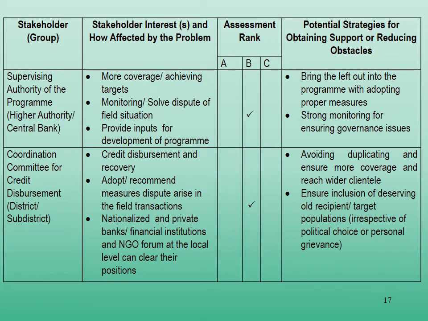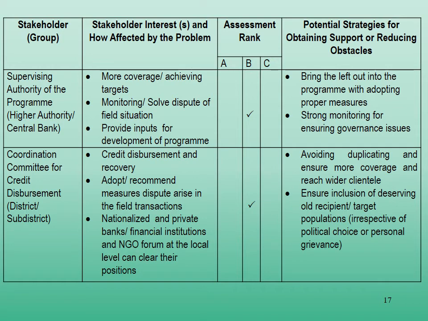So, ladies and gentlemen, the last one I put here: the coordination committee for credit disbursement, at district level, generally the deputy commissioner presides over the chair every month. Then all the credit giving institutions and field supervisors, all the stakeholders come there.